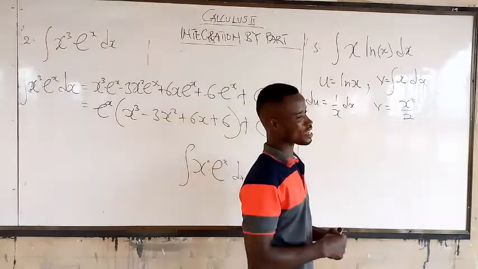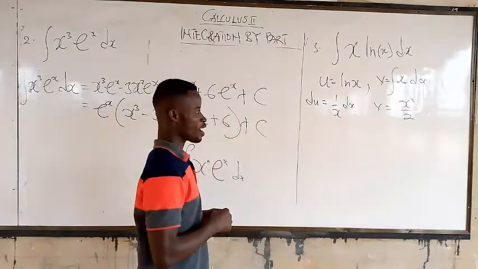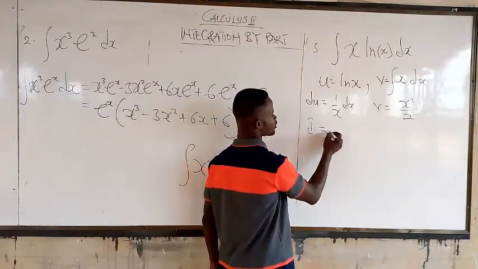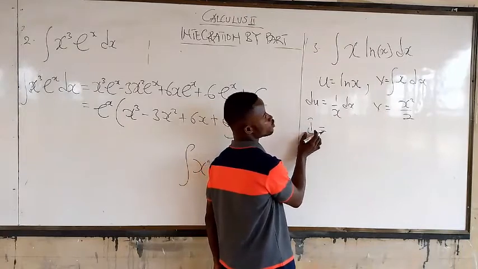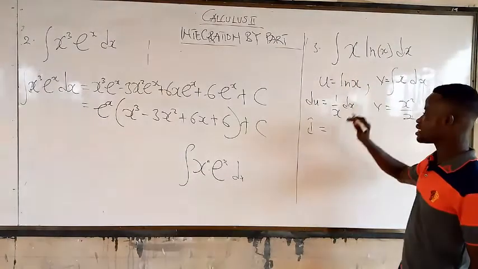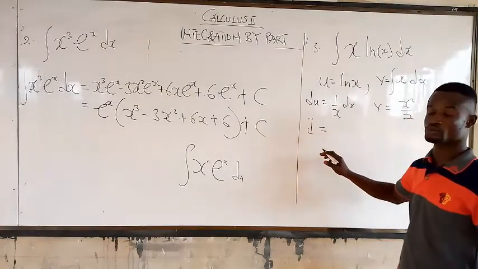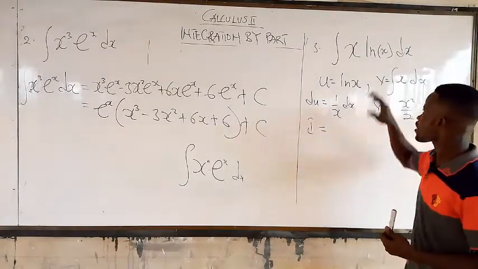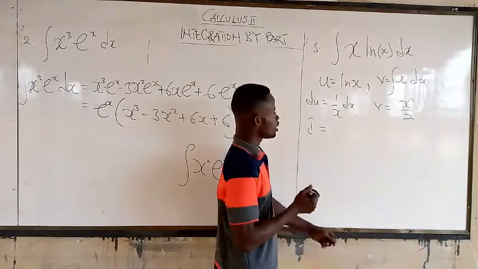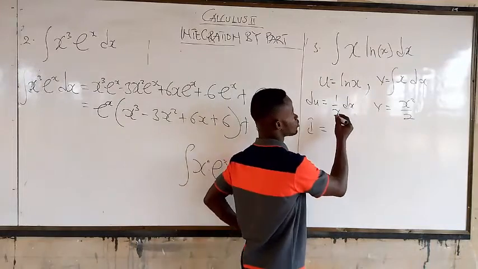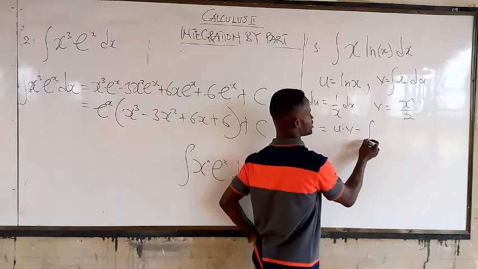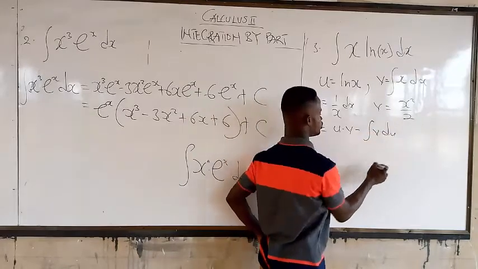Don't add C. Very good. So you put down your formula, the integral. The I here is representing the whole of this, and that is what I made to be I1. But here I don't want to bring that I1 again. The first one is the original integral, and that is equal to u times v minus the integral of v du.